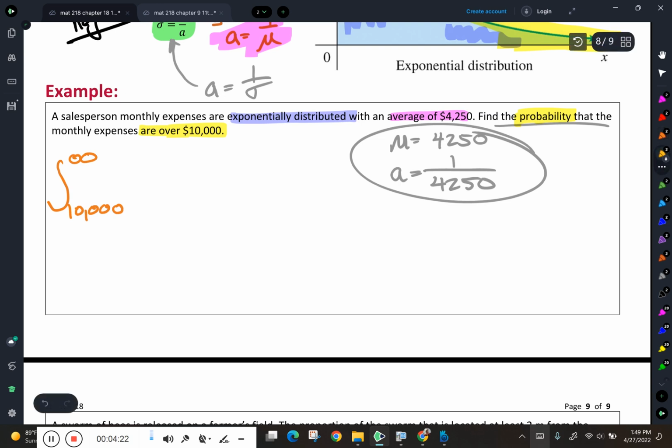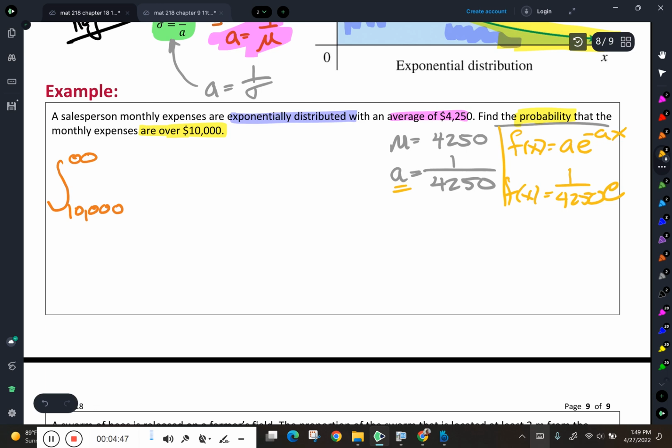Well, I don't have that yet, but I've got the important thing. I've got a, and I can use that to find the probability density function because I have a formula. The formula said that f of x is just equal to a times e to the negative ax. In this case, I ran out of room because that number is so big, so I'm going to move it down here.